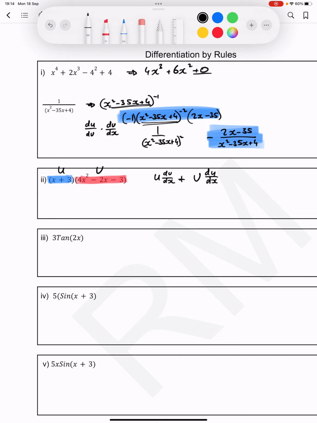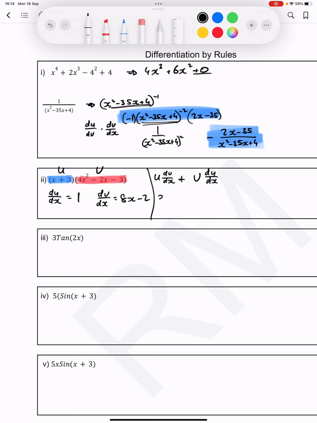My u is given, so my du/dx is going to be just 1, and my dv/dx is going to be just deriving what's in the red there, 8x minus 2. So now let's apply this formula to it.